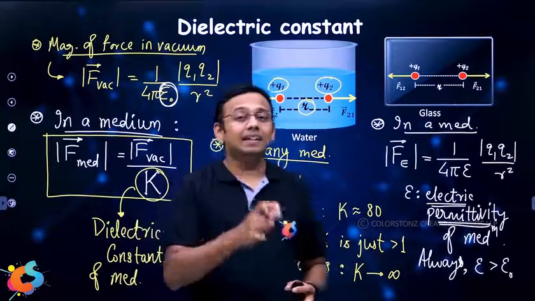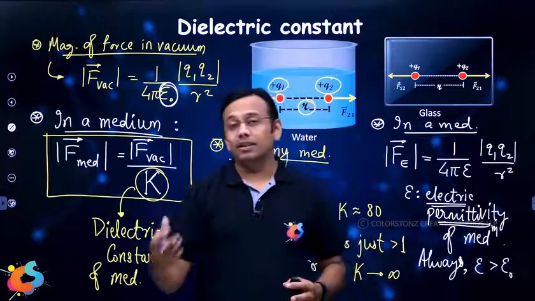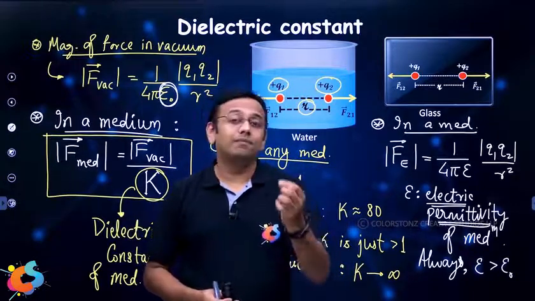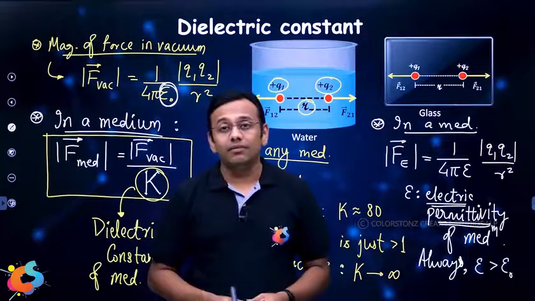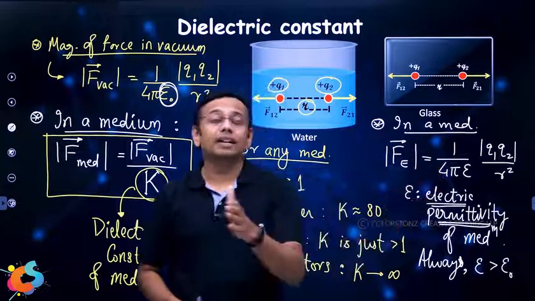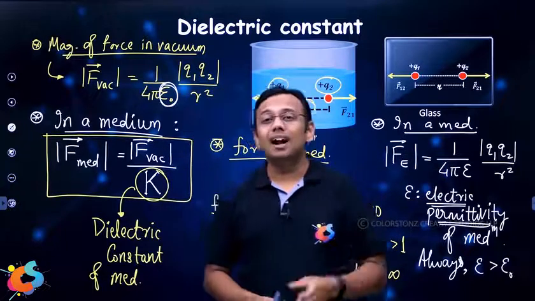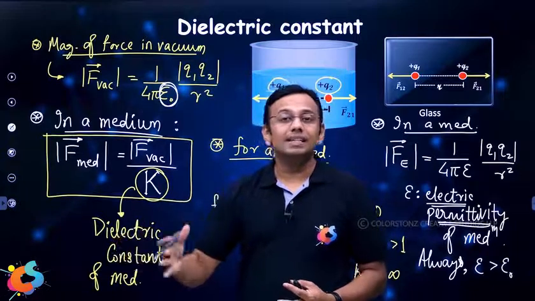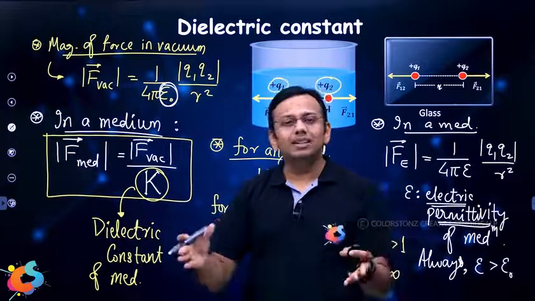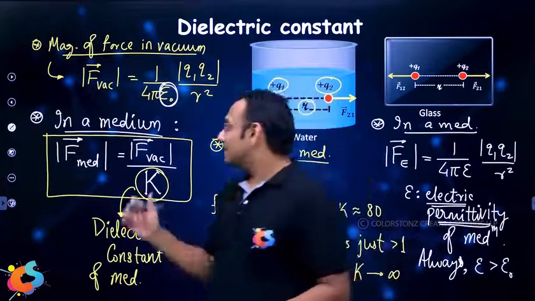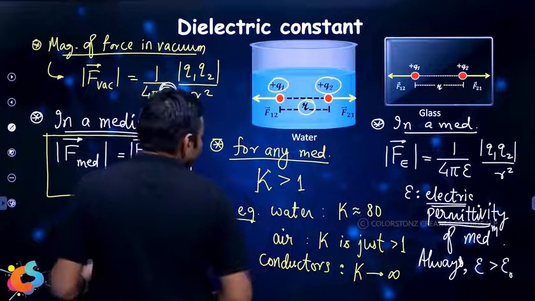And just like in optics, in refraction of light, we can define a relative refractive index, the same way here I can define a relative electric permittivity. Just like relative density is the density with respect to a certain standard substance, that is water at 4 degrees Celsius, I can do the same here.